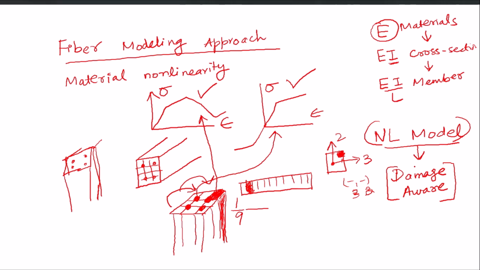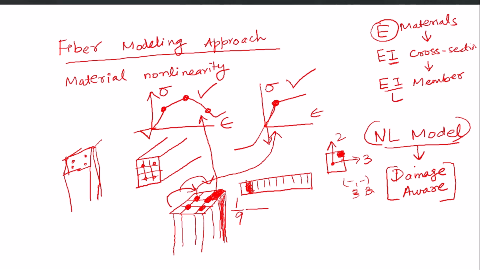So the nonlinear action will be captured by the uniaxial stress strain curves of each fiber, which will be either in compression or tension, and all those limit states or important points on this curve will define the levels of nonlinear action. For example, yield point of the steel, or cracking of concrete or crushing of concrete. And these curves obviously will be on tension and compression both sides. So sigma or stress can be tensile or compressive.